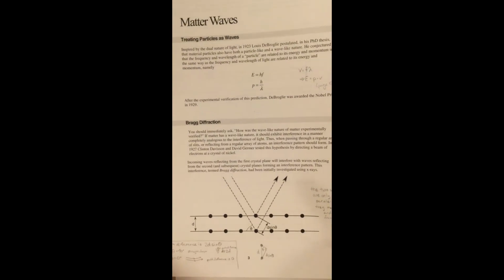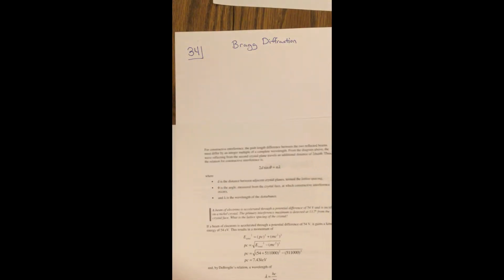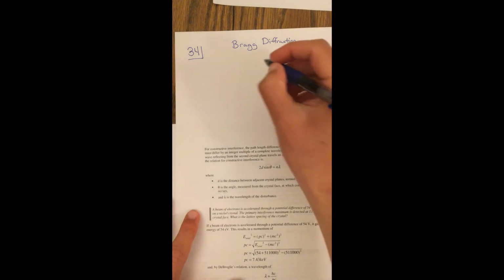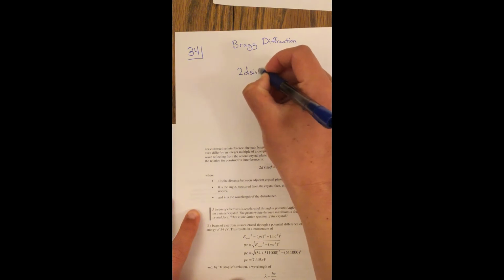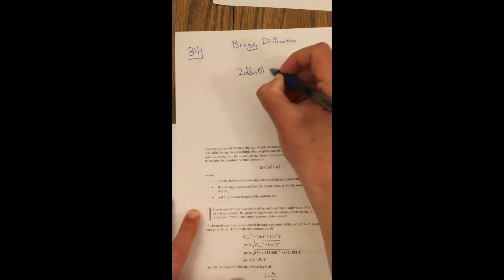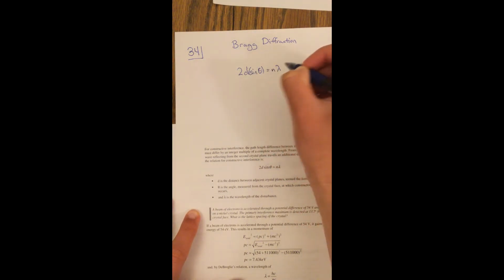So, Bragg diffraction on page 3, and the equation for that is on page 4. For Bragg diffraction, we have 2d sine theta is equal to n times the wavelength, where d is the distance between adjacent crystal planes.